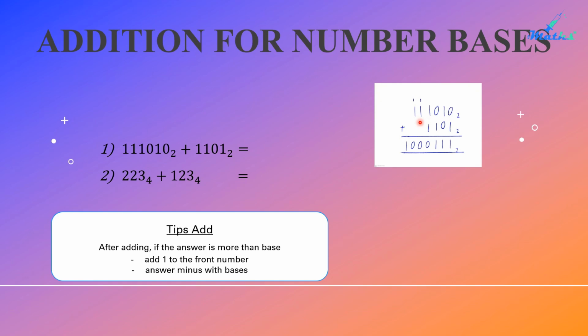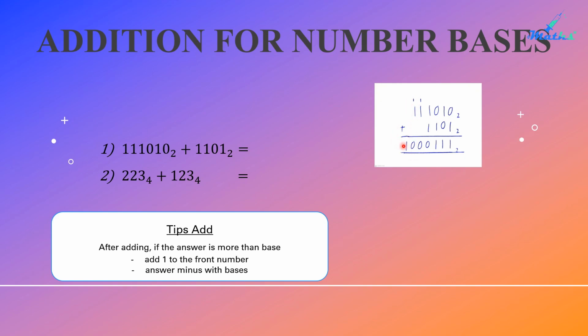Same with here, 1 plus 1. Same as just now, I get 2, and I increase 1 to the front number, and I minus the base number. So I will get 0 again. And here is also 1 plus 1. So we get 2.